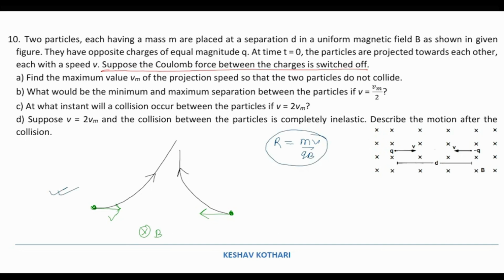So in order to prevent the collision, I am drawing one more diagram. This is the possibility which we can think of: as the positively charged particle is moving, it will move out like this, and the negatively charged particle which starts from the other end will move out like this, such that they just brush against each other.